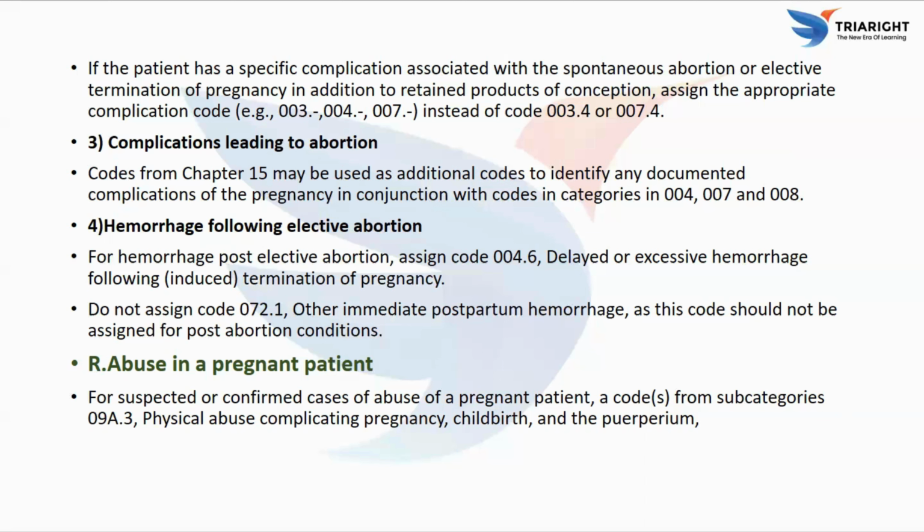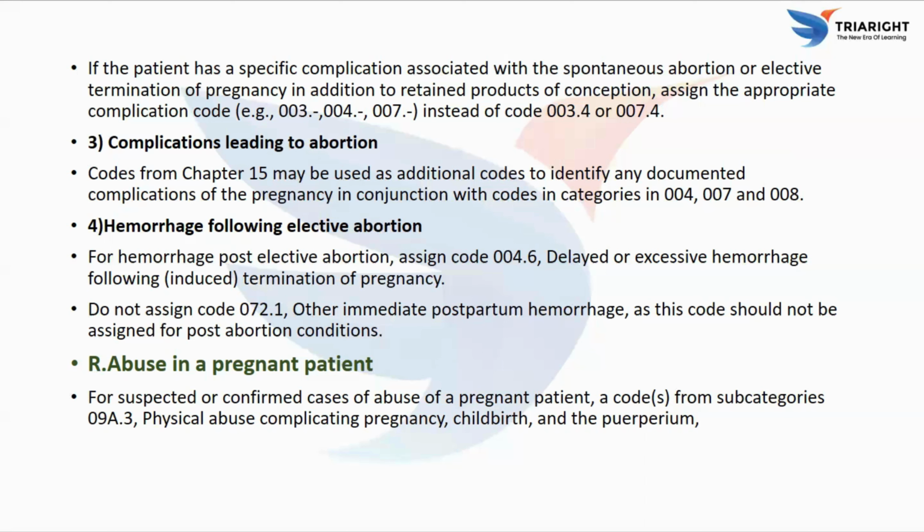So what is the guideline for complications leading to abortion? So sometimes pregnancy itself has complications that cause the abortion. For example, severe infection, uncontrolled bleeding, birth defects, and also maternal illness like heart disease, hypertension, etc. Now, what is the coding rule for these complications?